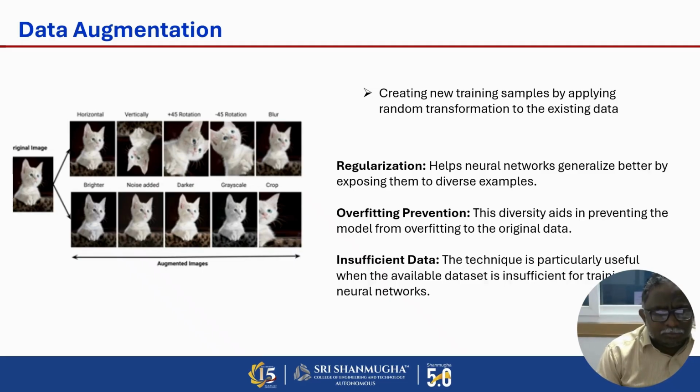So we can do many things with whatever image we have. When we have a large number of samples, that helps to prevent overfitting issues. Whenever we have insufficient data, this will help us add more data to the system. Okay? So this is mostly used in neural network models.